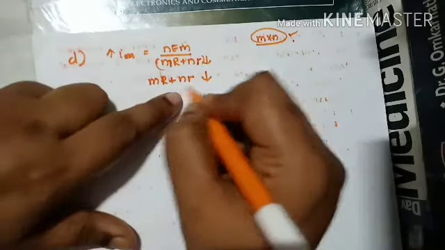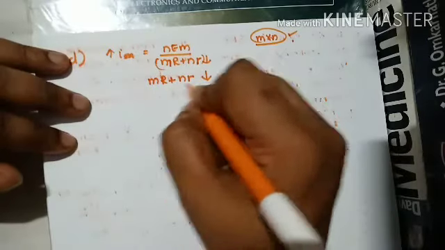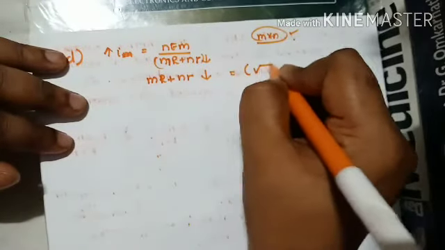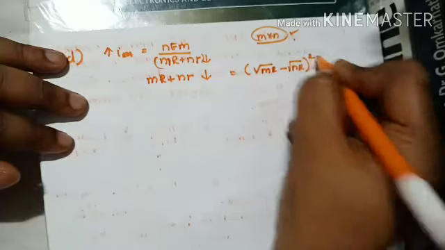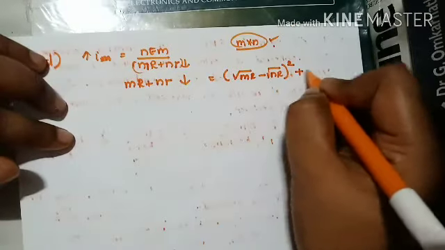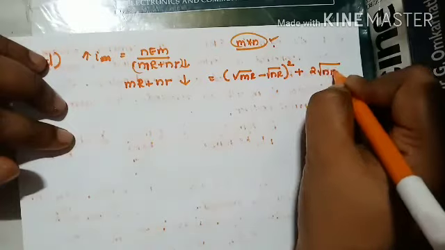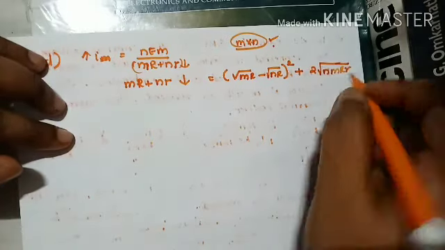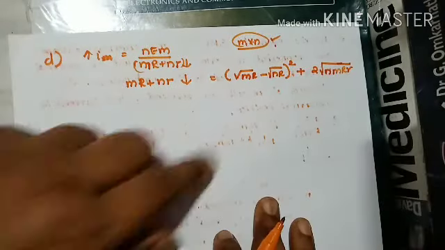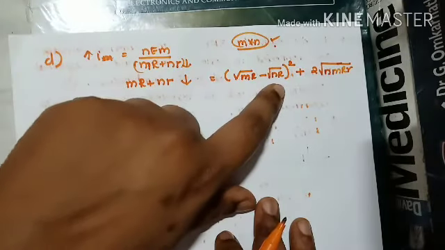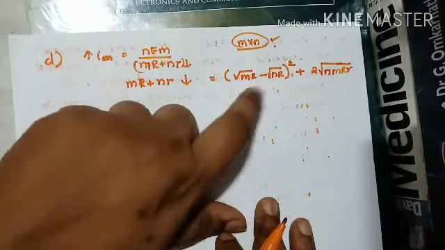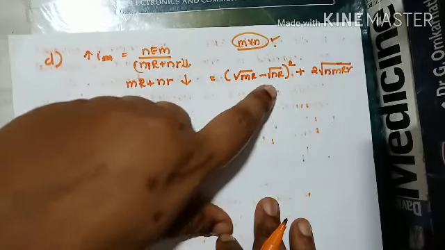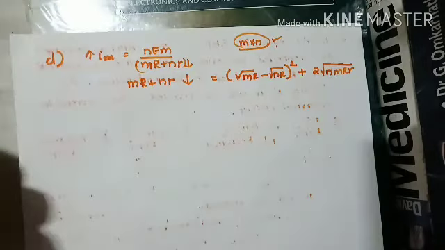Now this section, can I write MR plus NR as root MR minus root NR whole squared, plus 2 root NMR R? How did you get it? You guys can understand. A minus B whole square is A squared plus B squared minus 2AB, right? It is minus 2 into root MR into root NR. If you want, I can do the calculation here.